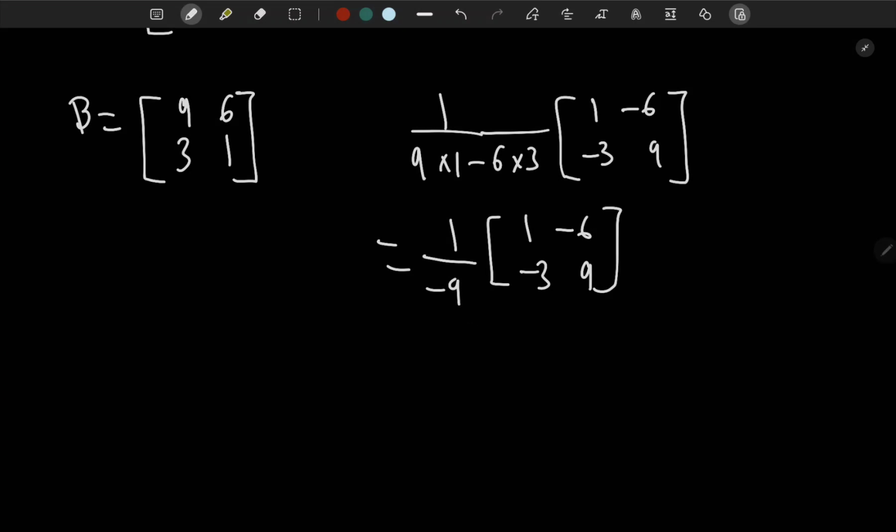So you can also leave it like this, or you can go one more step ahead and convert it into the final answer, which is 1 over 9 here, going to be 6 over 9, which is 2 over 3, and here's 1 over 3. Here's just going to be minus 1. So let me just rewrite this one here. So this is the final answer, and this is really simple.